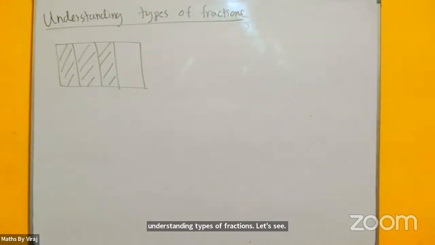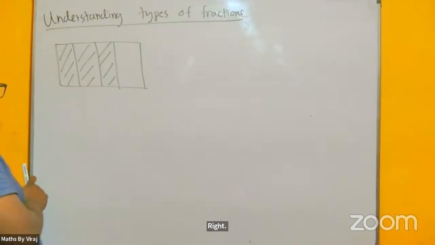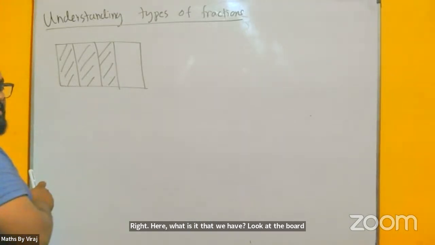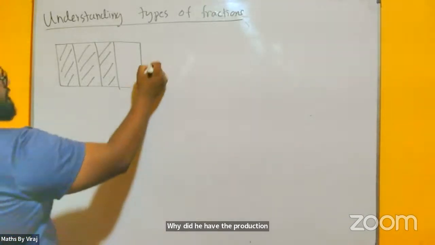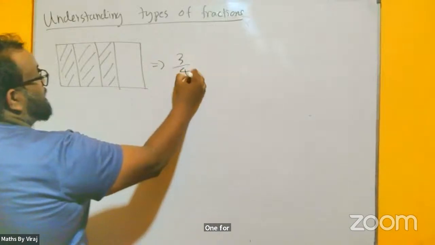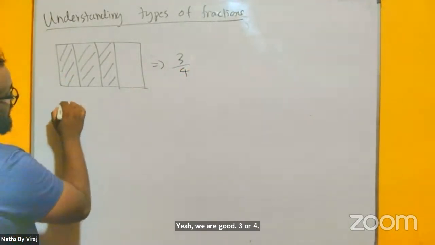Right. Here, what is it that we have? Look at the board and tell me, what is this as a fraction, children? What is this as a fraction? 3/4. Very good.